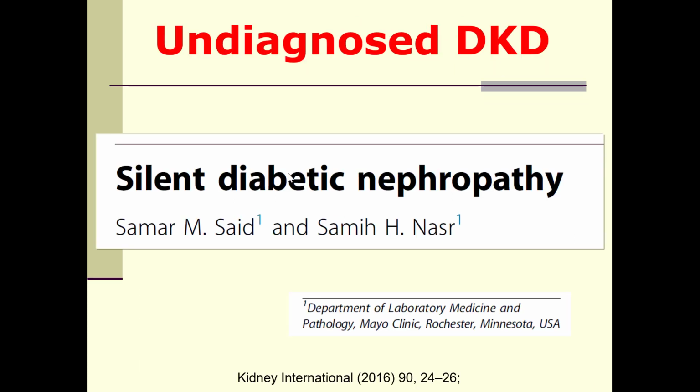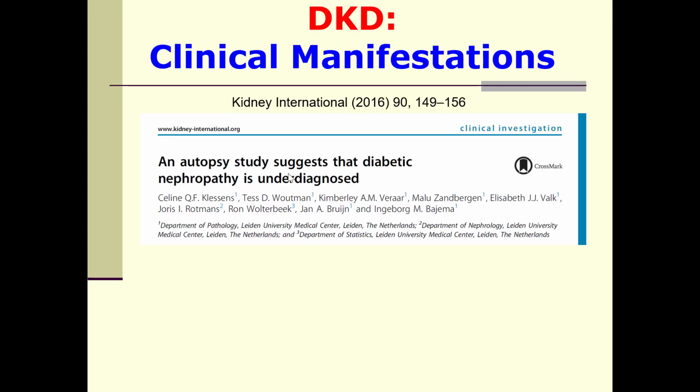The most exciting is silent diabetic nephropathy. Yes, according to this editorial comment and this study, it is a very interesting study. It's an autopsy study of diabetic patients who died with normal urine analysis and normal creatinine.